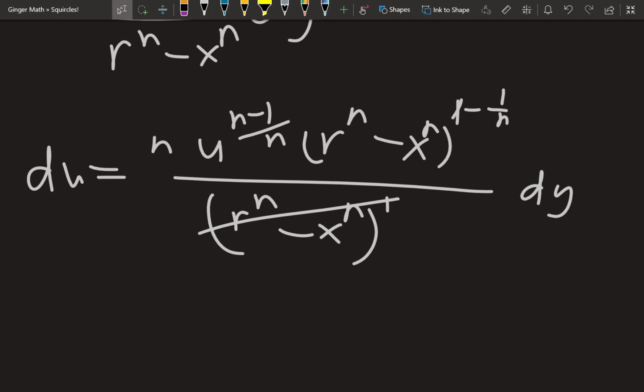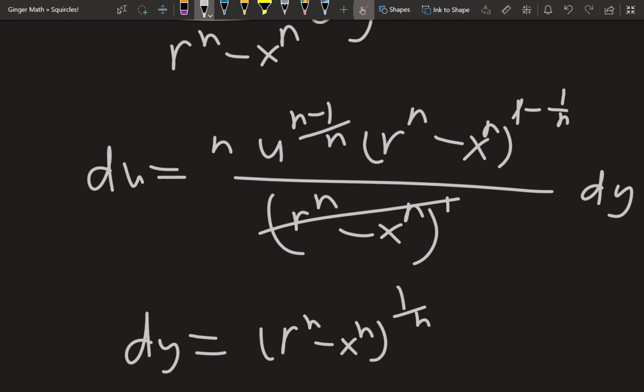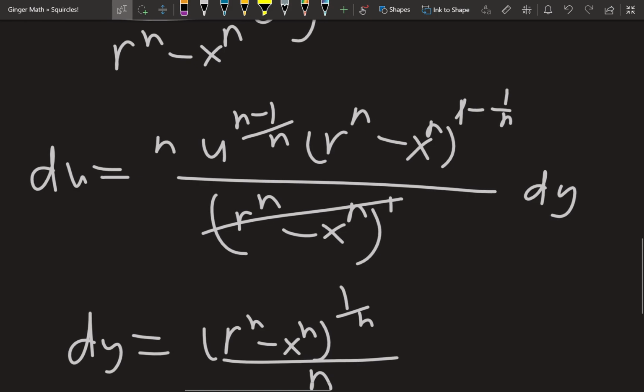So we are left with, I'm going to solve for dy as well while I'm at it. So dy is equal to (r^n - x^n)^(1/n) over n, times u^(1/n - 1) du. All right. That's a lot, I know.